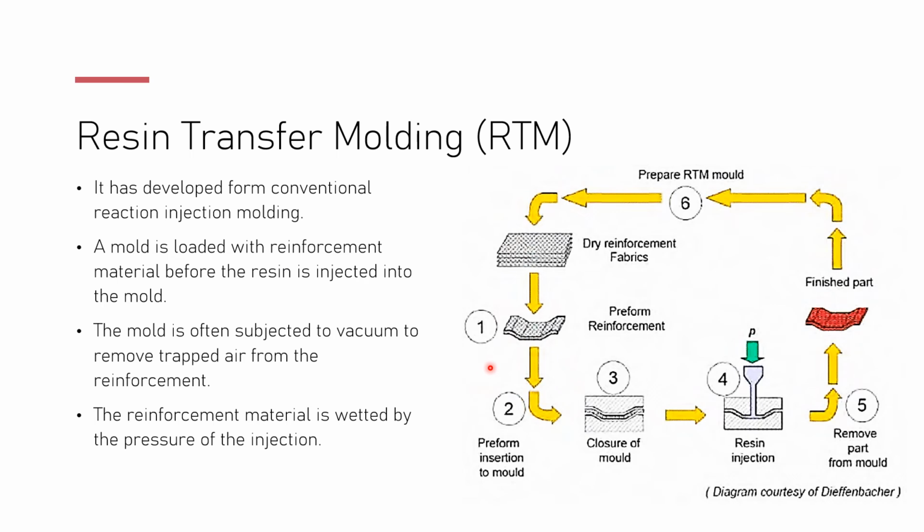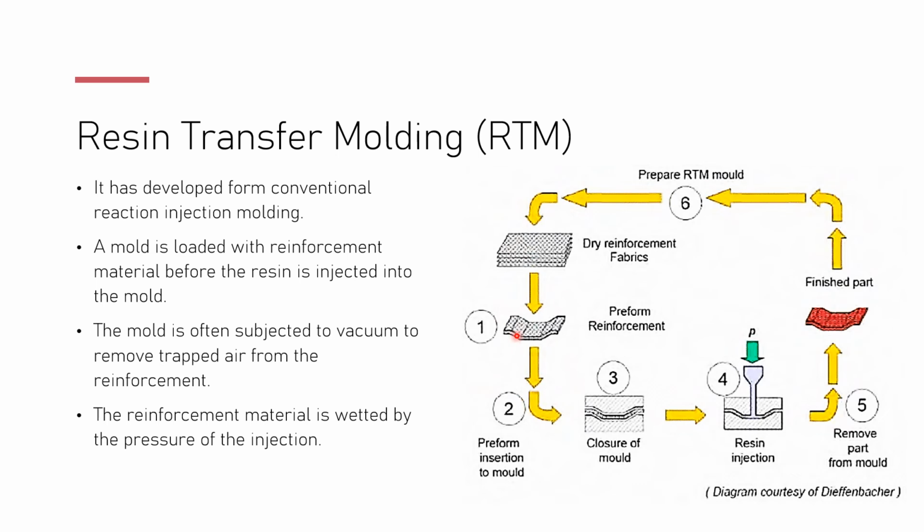A mold is loaded with the reinforcement material, because we're dealing with the composite, before the resin is injected into the mold. The mold is often subjected to vacuum, right, to remove the trapped air from the reinforcement. Okay, so the reinforcement material is wetted by the pressure of the injection.